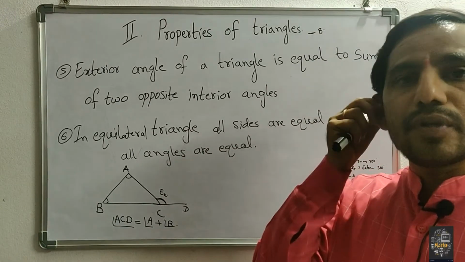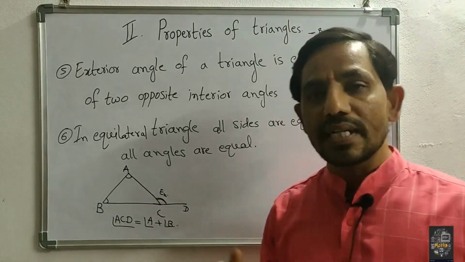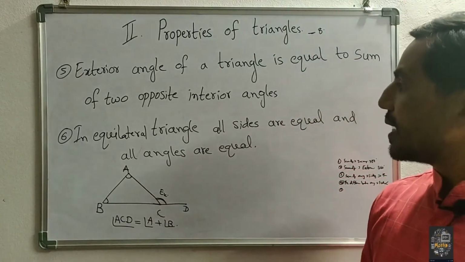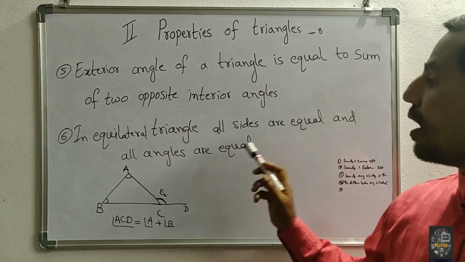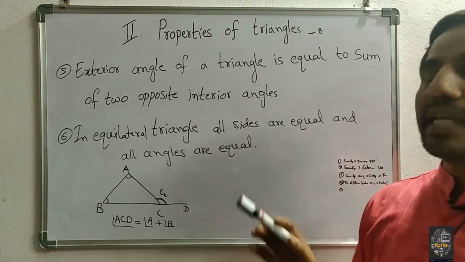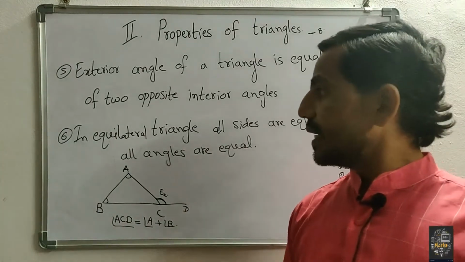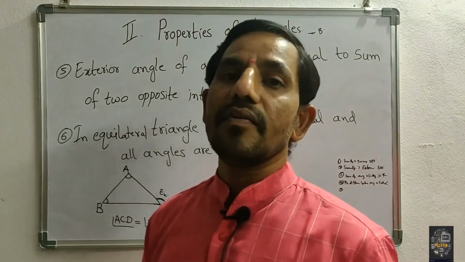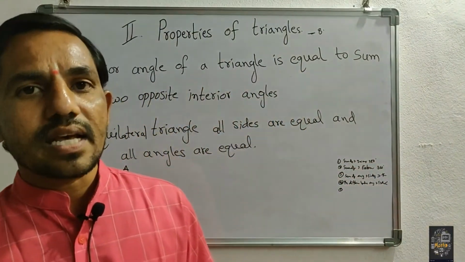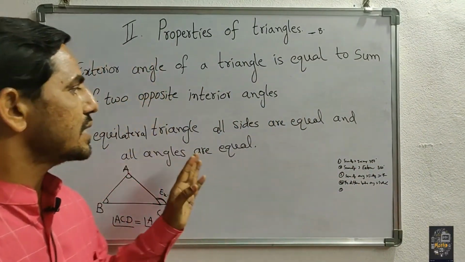Equilateral means already we know that all sides are equal, angles are equal. That is the condition. In equilateral triangle, all sides are equal and all angles are equal. This is the sixth condition.